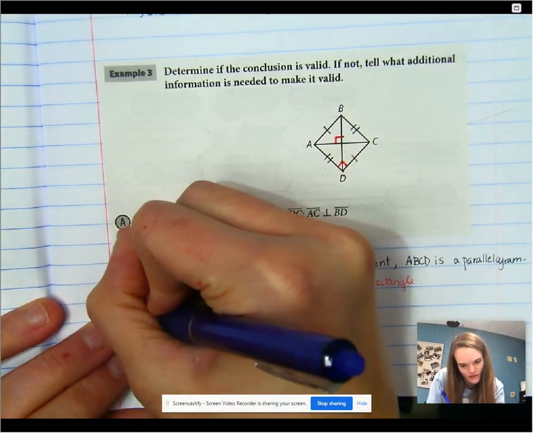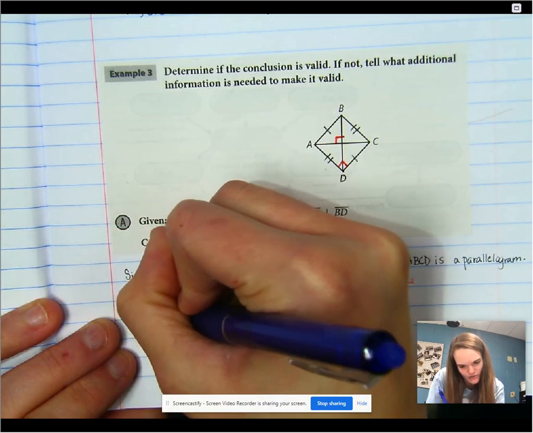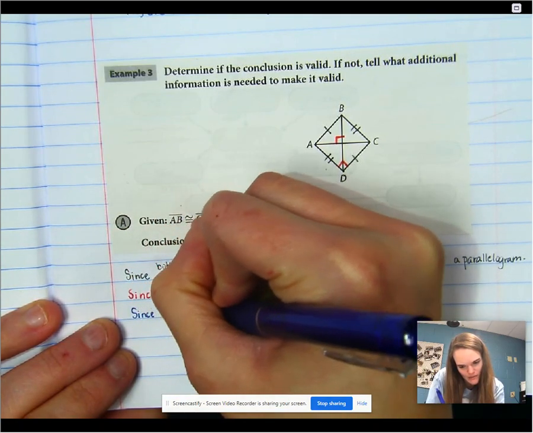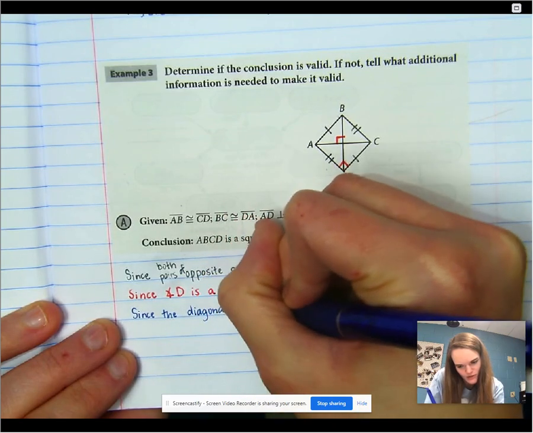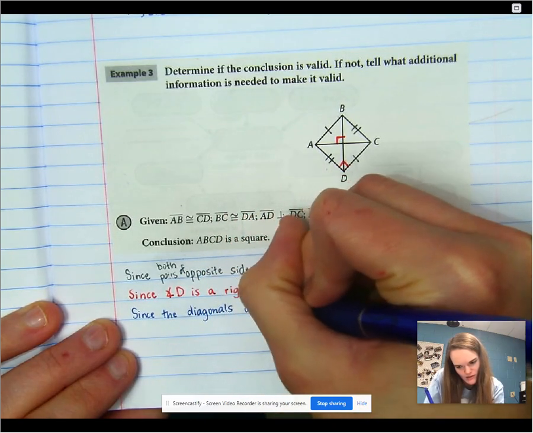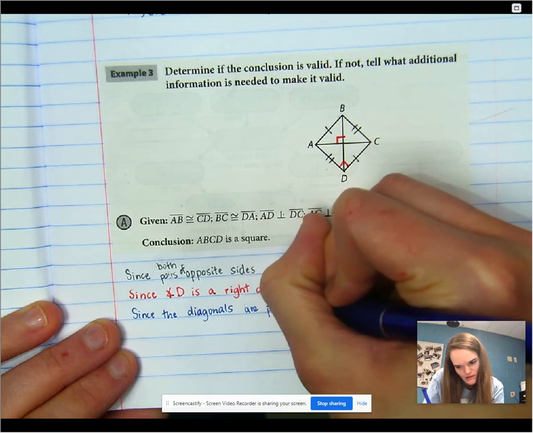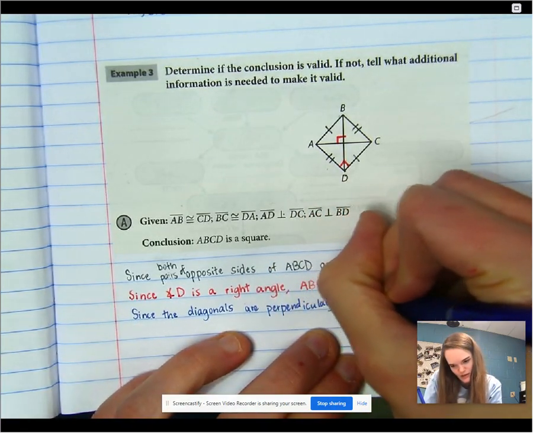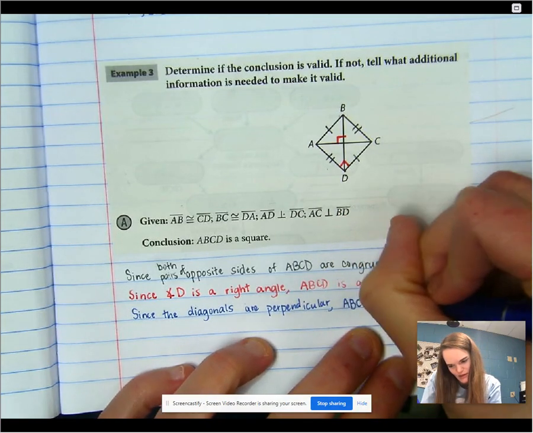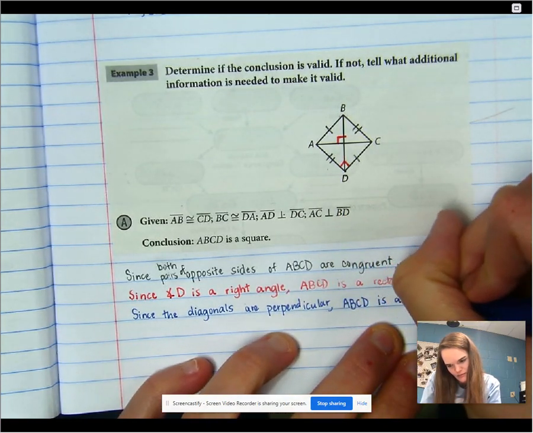Since the diagonals are perpendicular, ABCD is a rhombus.